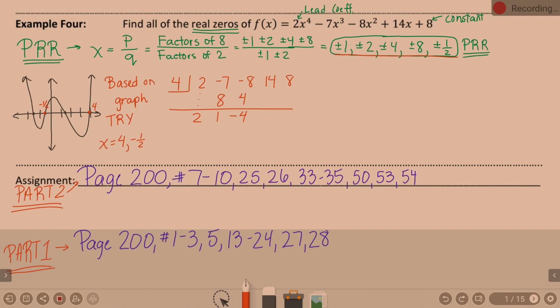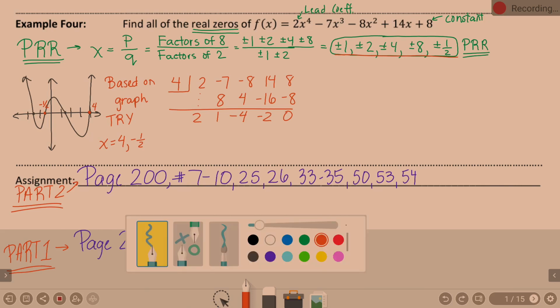Then we multiply. 4 times -4 is -16. And then we add. 14 plus -16 is -2. Then we multiply. 4 times -2 is -8. Then we add. 8 plus -8 is 0.